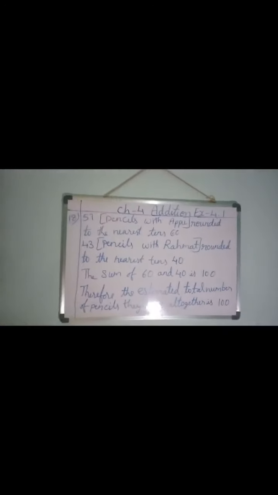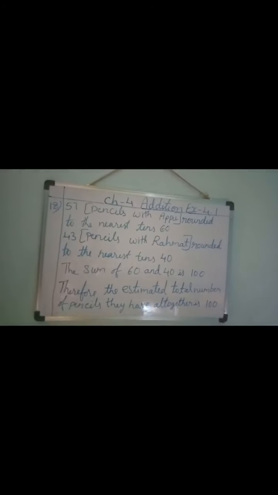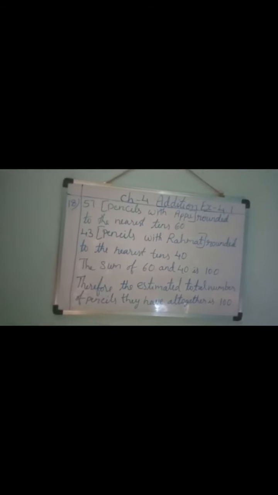See, first what you have to do, you should round. See, Appu has 57 pencils. Rounded to the nearest tens is 60. And 43 pencils with Rahmat, rounded to the nearest tens, 40.